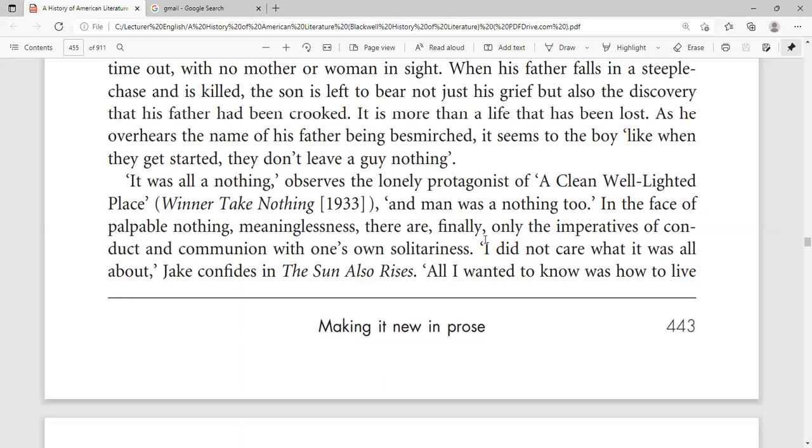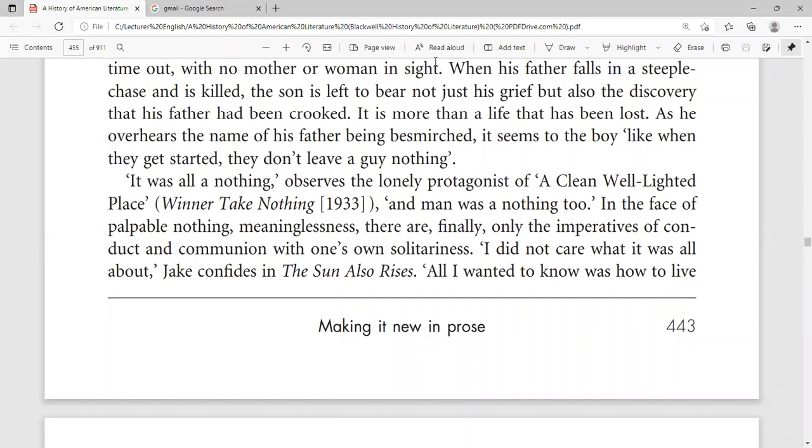Ernest Hemingway, who is known for his precise, colloquial, masculine American idiom, is introduced as the novelist of the lost generation.